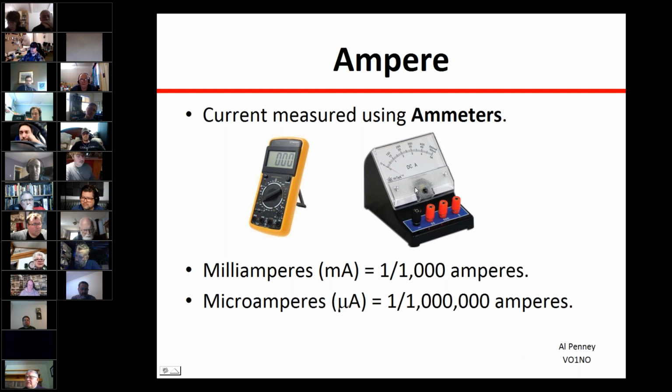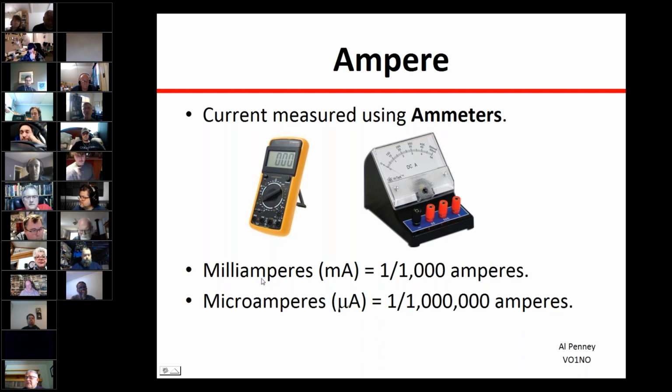This would be the type that you'd probably see in a high school laboratory, and you can connect the negative terminal here, and then depending on the amount of current you want to measure, you use the different terminals here, and you'll actually read it on the scale, and that's given in amps. Different scales here for the different terminals down there.